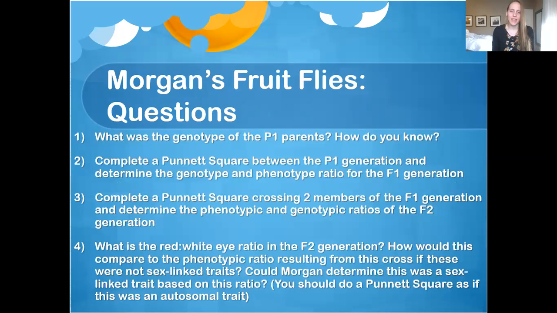So based on that, what was the genotype of the P1 parents that he first crossed in that experiment? Then I want you to complete a Punnett square in order to determine the genotype ratio of the F1 generation, and then find the genotype ratio of the F2 generation. So go through and answer these questions and then come back and I'll let you know what the answers are.